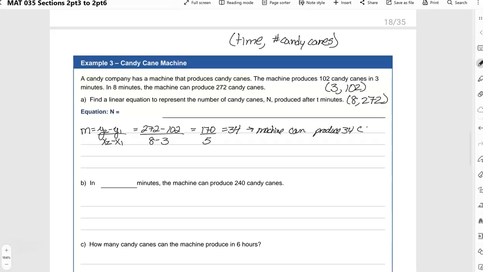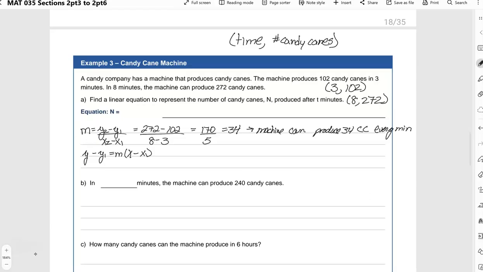I'm going to abbreviate candy cane CC. So now we're going to use y2 minus y1 equals m times x2 minus x1. Substitute in what we know. Oh, just kidding. I am not paying attention to what I'm doing. This is y minus y1 equals m times x minus x1.